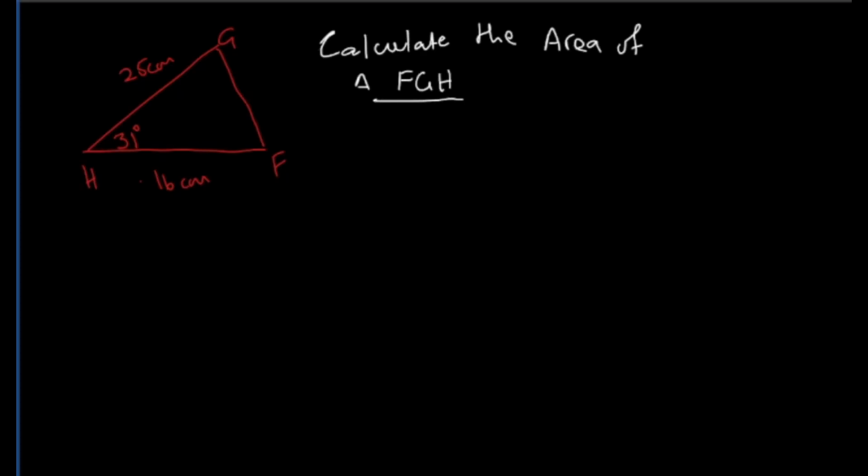The area of triangle FGH equals half the two sides, the sides enclosing the included angle, small f and small g, times the sine of that included angle, which is H. Are you happy now? Yes.